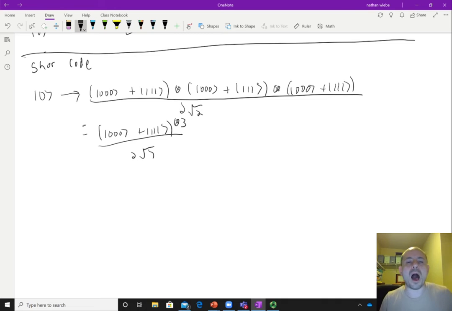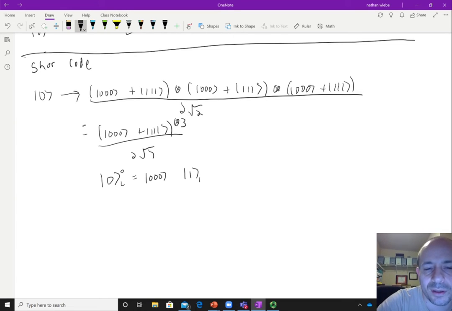Now, there's actually some structure to this that you can see. Let's define 0 logical, let's call it 0 up here, to be equal to 0,0,0, and 1 logical to be equal to 1,1,1.